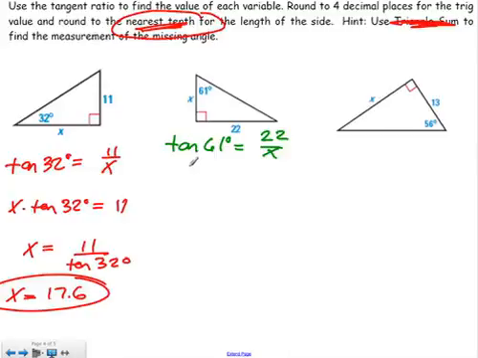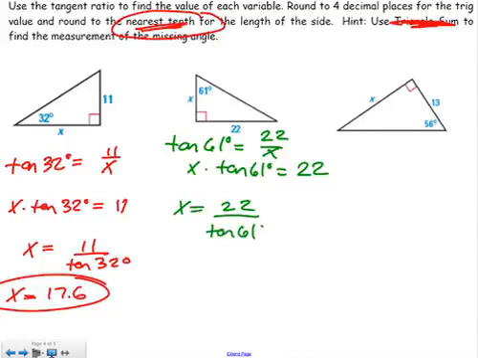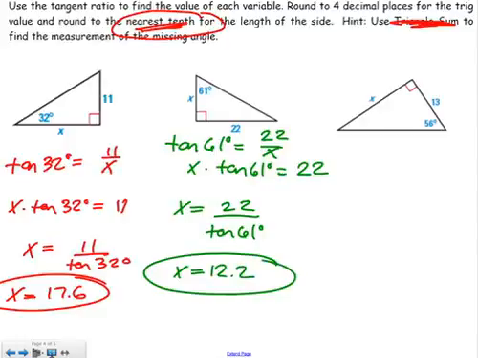We'll multiply both sides by x, so x times the tangent of 61 degrees equals 22. We divide both sides by the tangent of 61, so x equals 22 divided by the tangent of 61 degrees. In our calculators, we'll simply type that in, and x, rounded to the nearest tenth, would be 12.2.